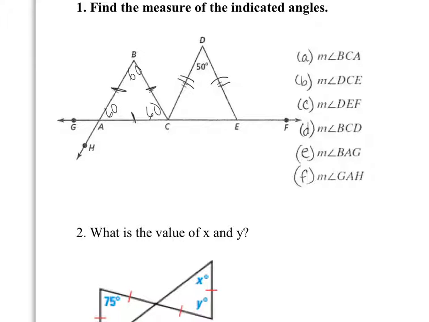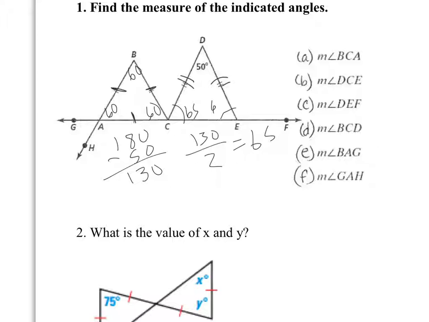Over here, you have this isosceles triangle. With this being 50, these two angles have to add up together to 180, but they're also congruent. So finding that, you're going to do 180 minus 50, cut that in half, and each angle is 65.